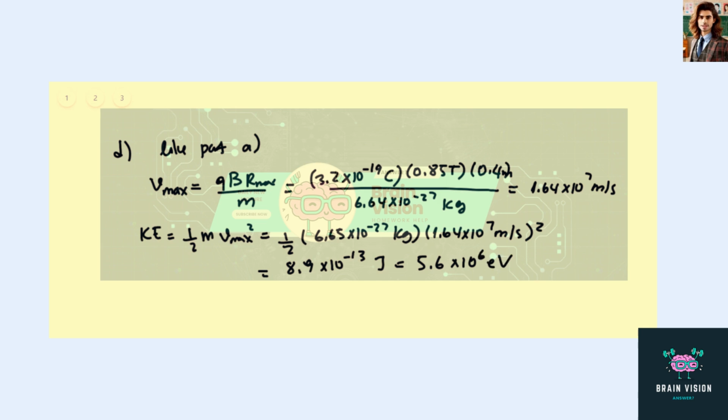So the question continues: we find the kinetic energies for an alpha particle and the proton to be pretty much the same, right? Because this is the same answer as part A. And the reason for that is, basically, let's go back to the kinetic energy term. The kinetic energy term is 1/2 q squared B squared r squared over m, right?